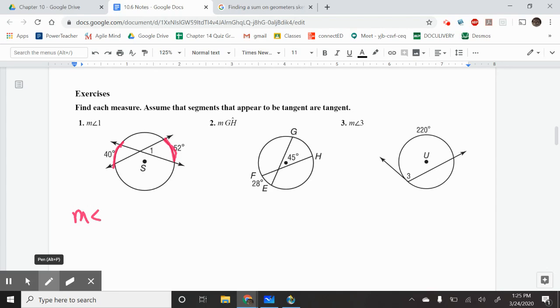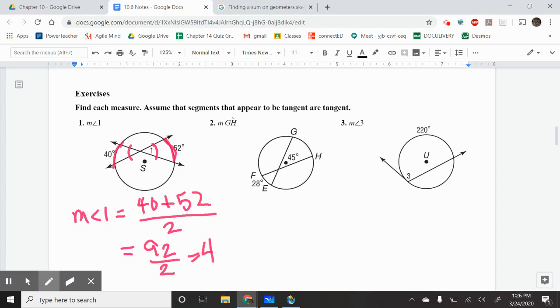So based on what we did, the measure of angle 1 is equal to 40 plus 52 divided by 2, because remember, angle 1 plus this angle over here together have a sum of 40 and 52. So to get just angle 1, we need to divide by 2. So we're going to get 92 divided by 2, and that's equal to 46 degrees.